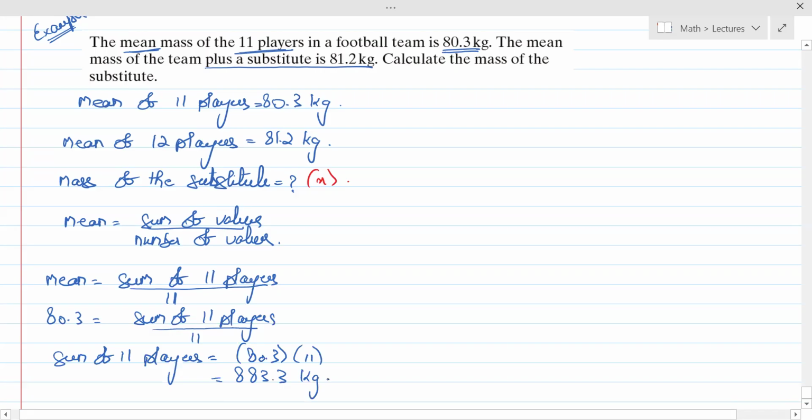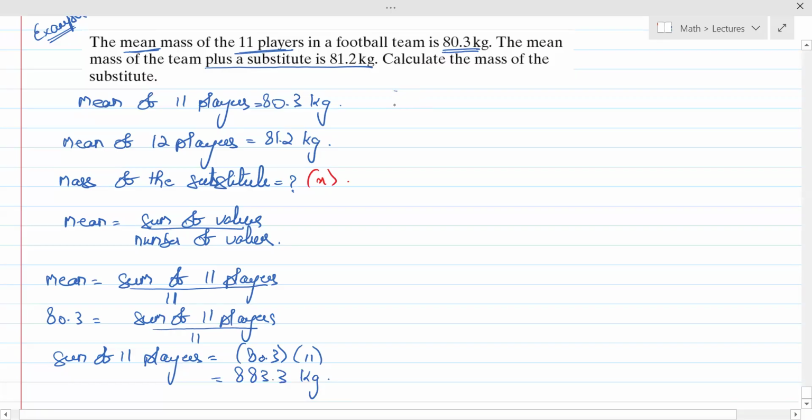You've got the sum of 11 players. So what we'll now do is find the sum of 12 players also, because we also have the mean of 12 players. We'll use that sum to subtract the sum of 11 players, and that would eventually give us the mass of the 12th player. So let's first find the sum of the 12 players.